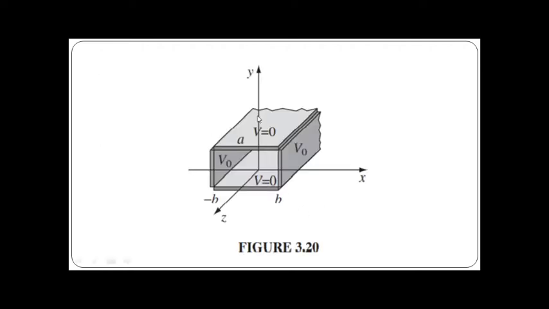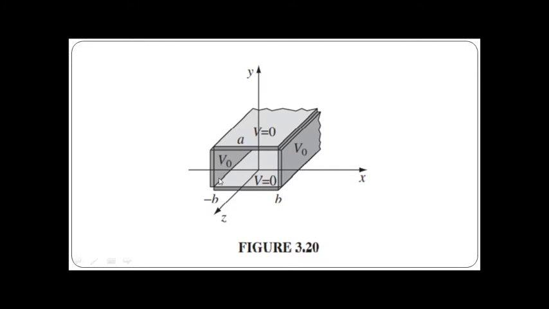This is your figure. This is the XYZ Cartesian coordinate system: x-axis, y-axis and z-axis. So there are two infinite conducting plates, one at y is equal to 0, another at y is equal to a. They are grounded. That means their potential on the conducting plates is going to be 0 everywhere at y is equal to a and y is equal to 0.